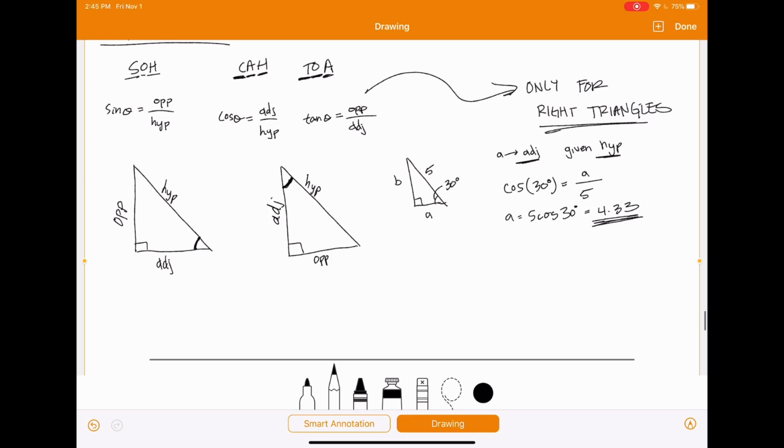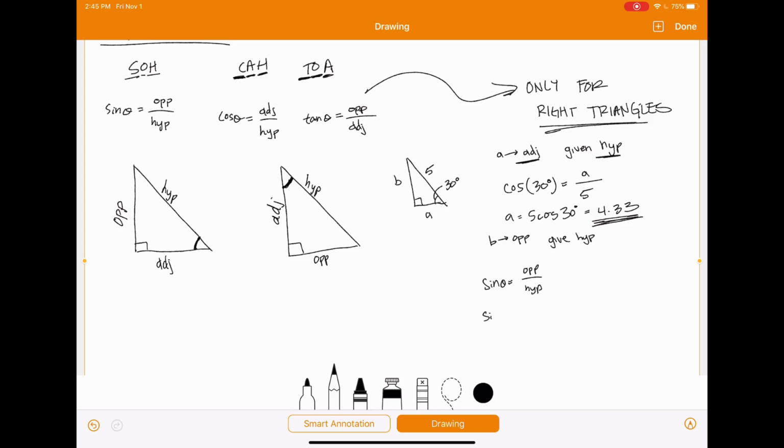Now, if we want to find side B, you're going to recognize that B is your opposite side, and we're also given the hypotenuse. So which trig function has the opposite and the hypotenuse in it? It's going to be sine. So sine theta equals opposite over hypotenuse.